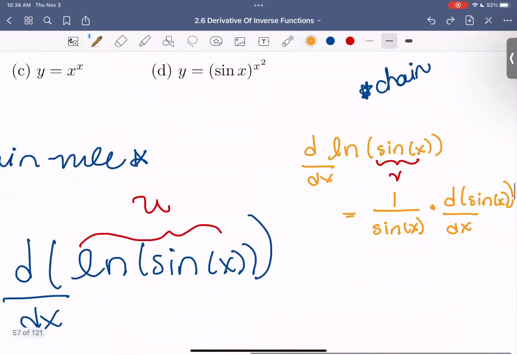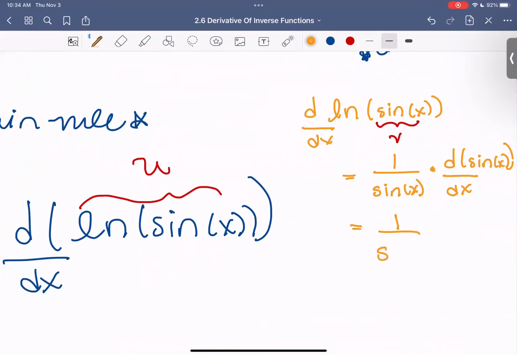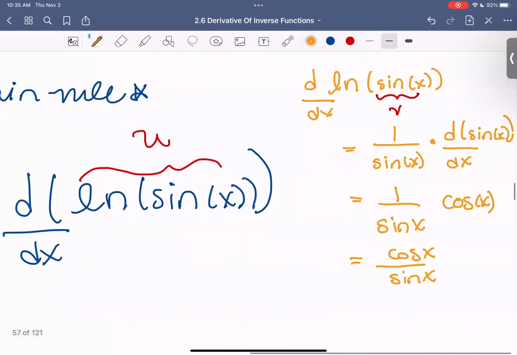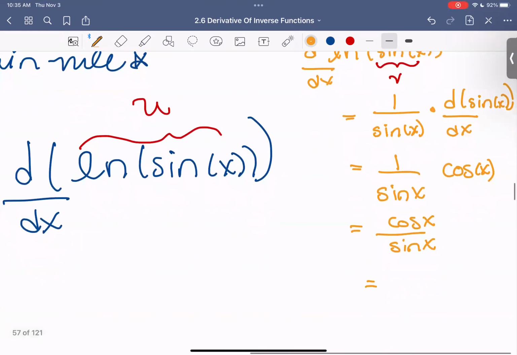So we're almost there. We have 1 over sine of x, and then recall the derivative of sine is cosine. So that becomes cosine x over sine x. And going back to our definitions in trig, that's equivalent to cotangent of x.